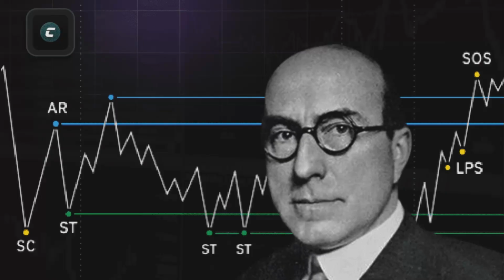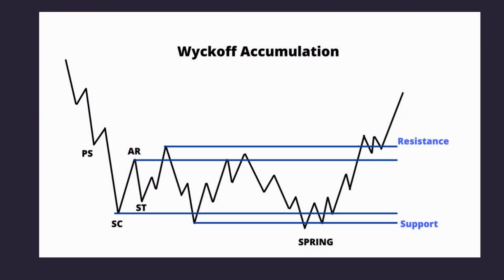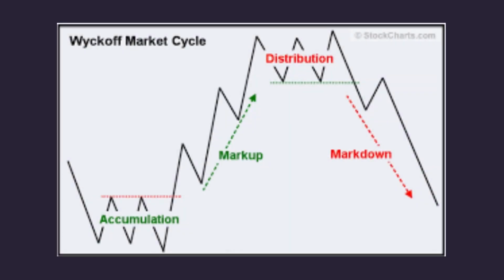Where I believe it originated from was this man called Wyckoff. Maybe people have heard of Wyckoff theory, maybe you haven't, but that's where supply and demand, I believe, originally came from, and it was a long time ago from a man who was investing in stocks, I believe.